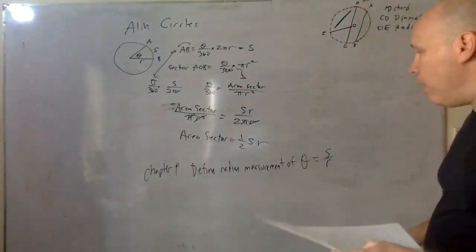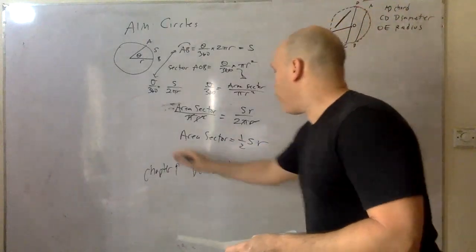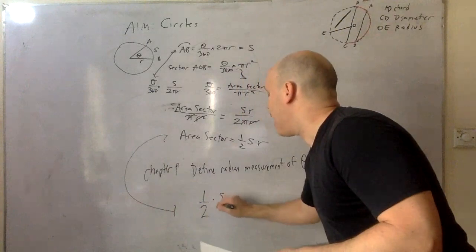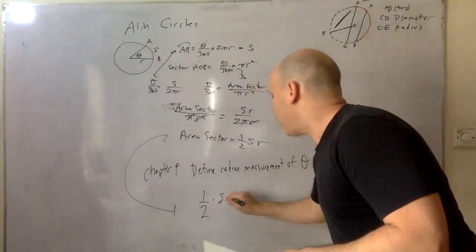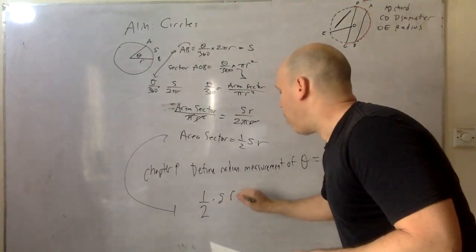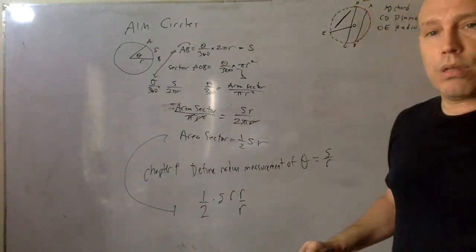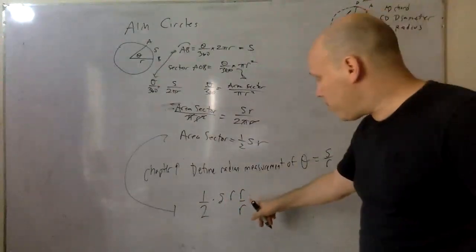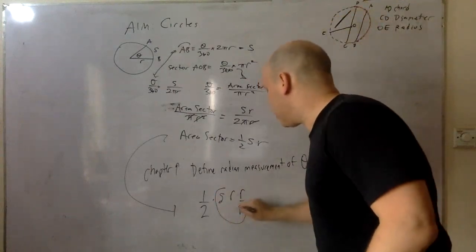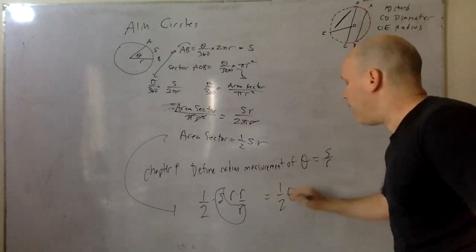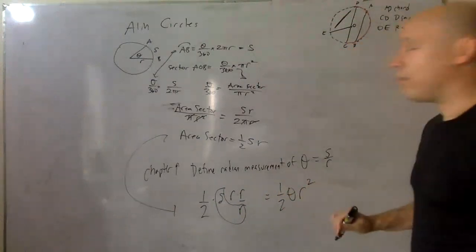This is kind of cool. And I'm going to rewrite this formula as 1/2 s times s times r, putting an r up here and an r down there, because this is times 1. We replace this with theta, and we get 1/2 theta r squared.